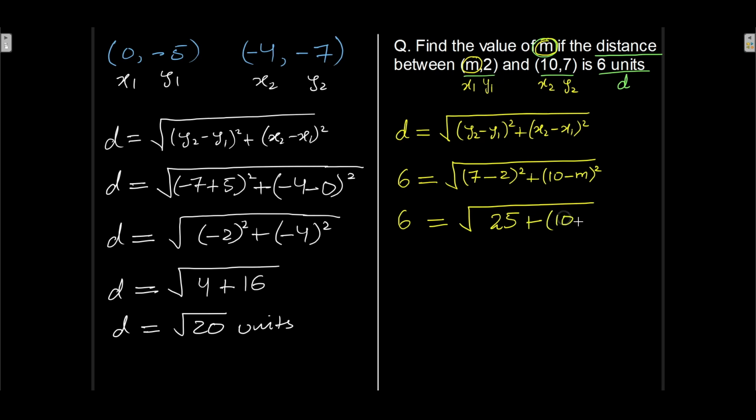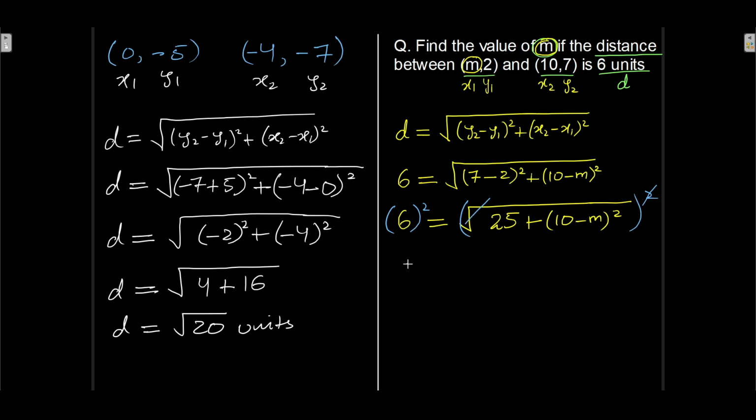Now, there is a way to solve this question by expanding this bracket, but I don't recommend expanding this. There is a far simpler way to solve this. What we can do is take square on both sides because we want to get rid of this square root, right? So I simply take square on both sides, and this square and this root will cancel.